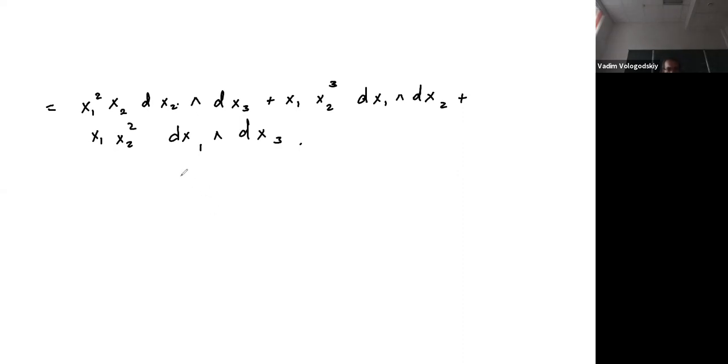Now, whenever you have pullback with respect to smooth maps, or in particular with respect to diffeomorphisms, you can talk about the Lie derivative of a form.